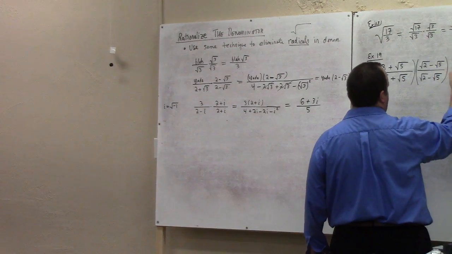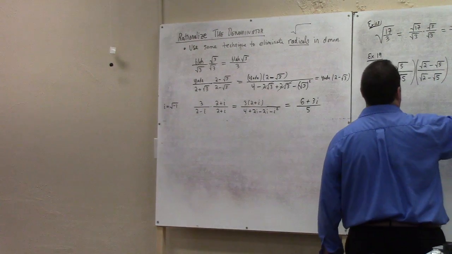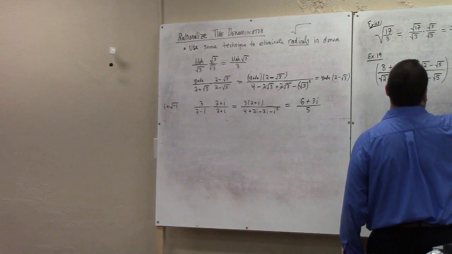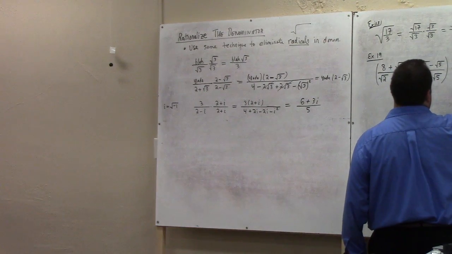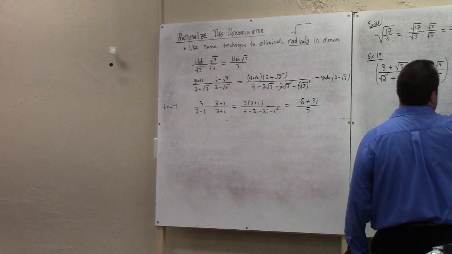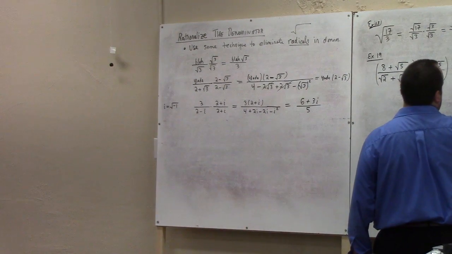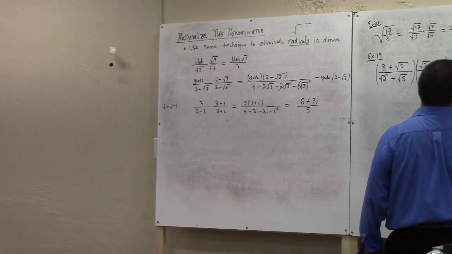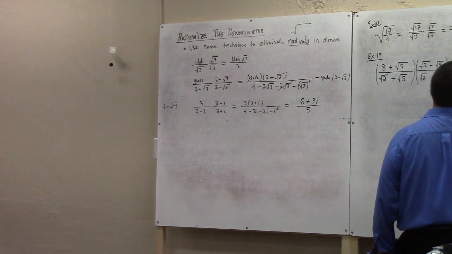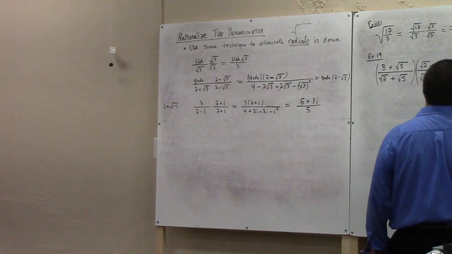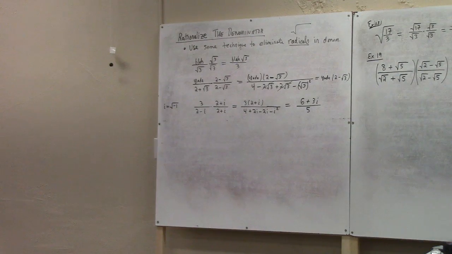Let's see here. So we've got 8 root 2 minus 8 root 5 plus root 2 root 5, or root 5 root 2, minus the square root of 5 squared. That's all the denominator. So root 2 times root 2 is root 2 squared, right?